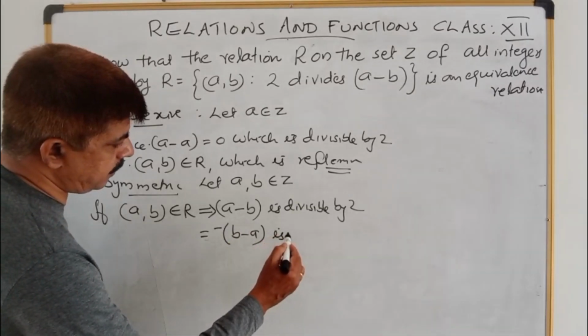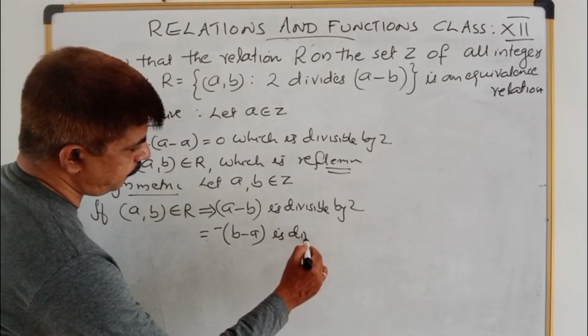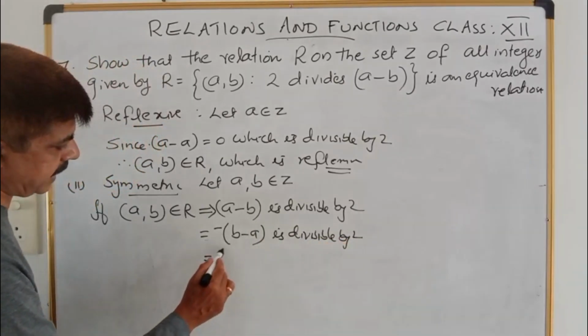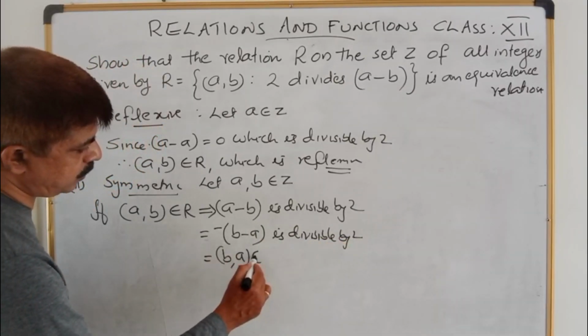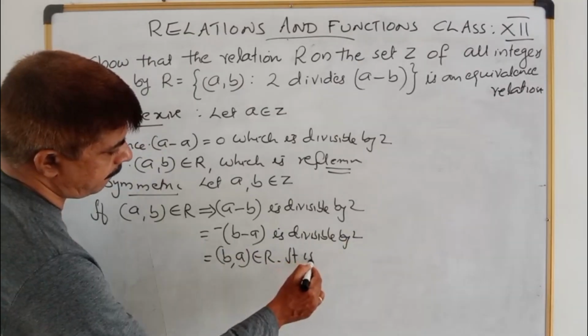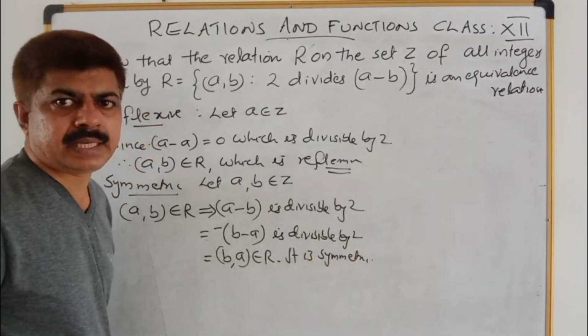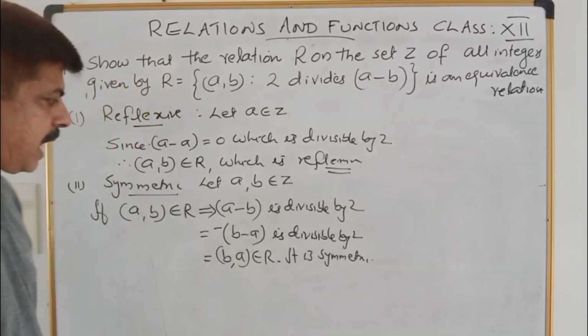So negative (B minus A) is also divisible by 2. So we can say that (B, A) belongs to R. It is symmetric.